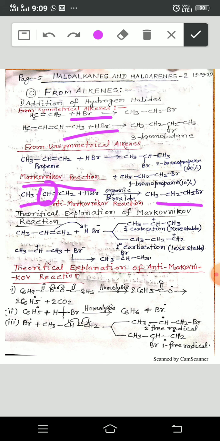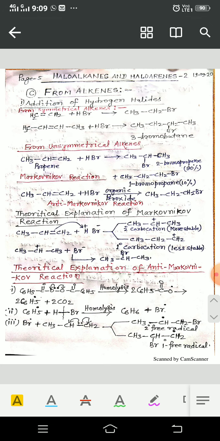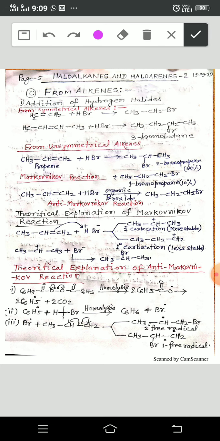But when peroxide is used, that is anti-Markovnikov's addition, the bromine atom will attack the first carbon atom of propene, and it will form 1-bromopropane. So if you want to get 1-bromopropane from propene, then you can get it with anti-Markovnikov's reaction.